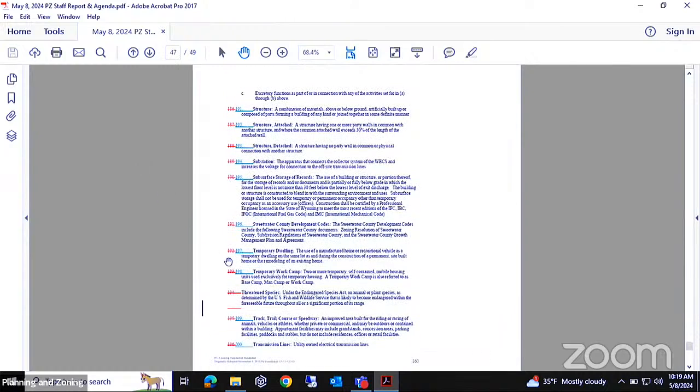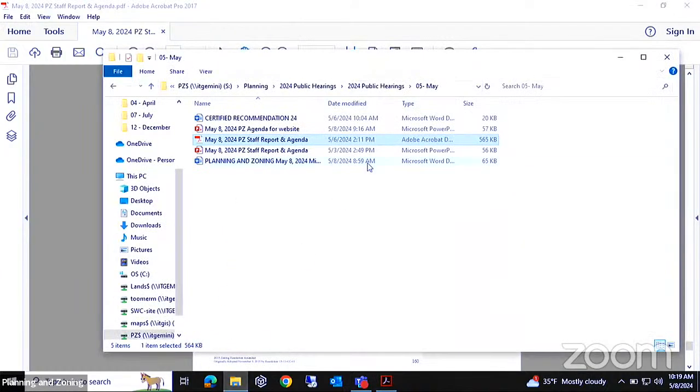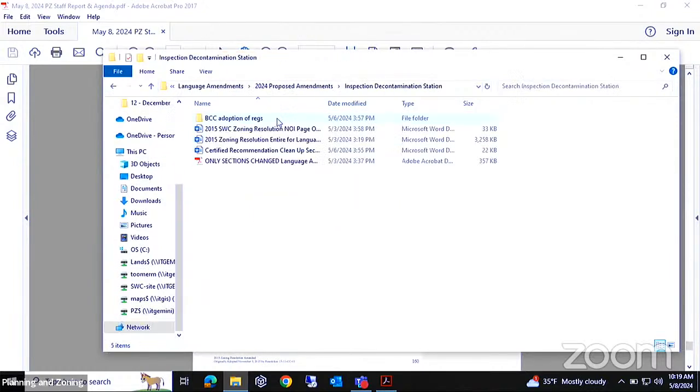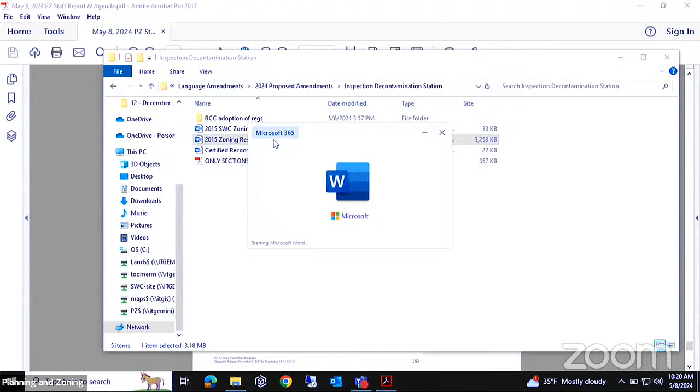And I am missing one page, so give me a second with this, because there was one more definition that got cleaned up. What it was cleaning up was zoning certificate versus a zoning permit. If you read the definitions, it was saying exactly the same thing. Zoning certificate is what the department in the past used to hand out.